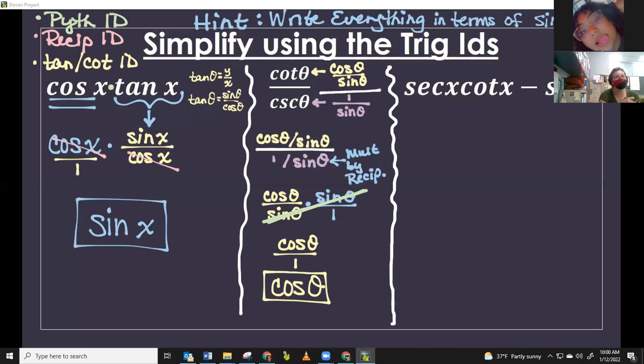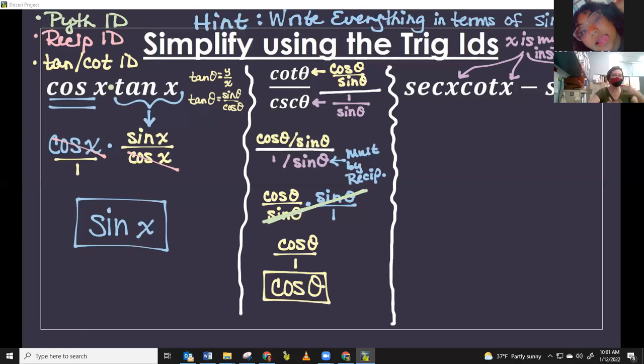Secant x, cotangent x minus sine x. First thing I want to address, and we didn't really talk about it yesterday much, they're using x as the angle instead of theta. That's okay. It doesn't matter what I call my angle, as long as it stays consistent with all my trig functions.